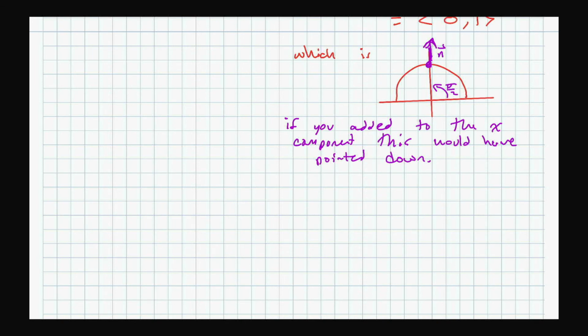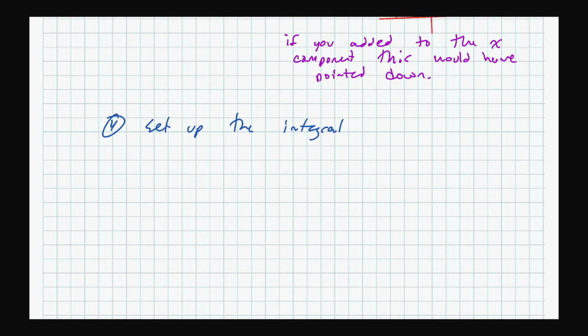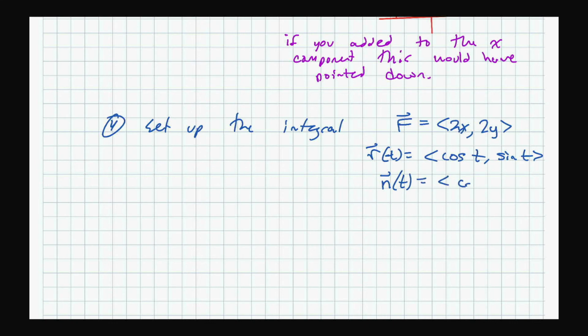So anyway, once we've done that, we should be able to set up our integral. We know f is 2x comma 2y. We know r is simply cosine t, sine t. We also have n, which turns out to also be cosine t, sine t. That's not usual.